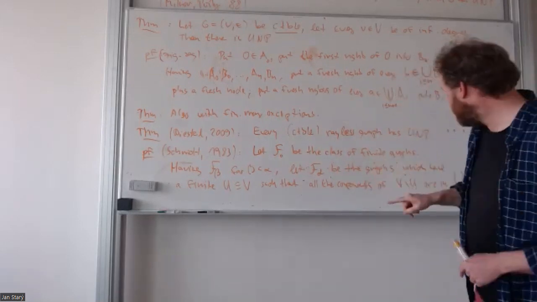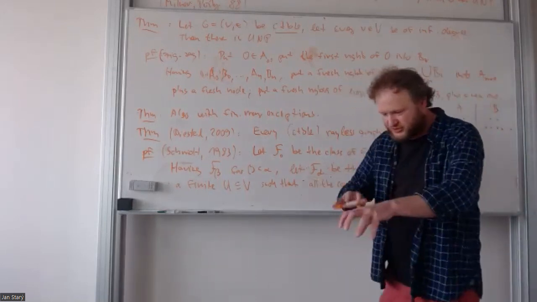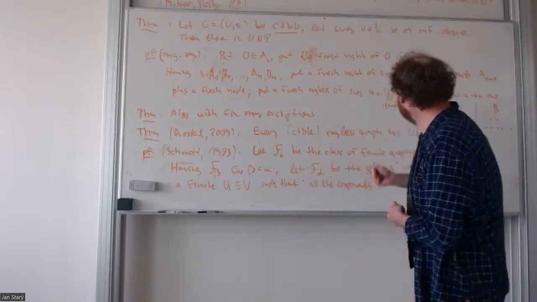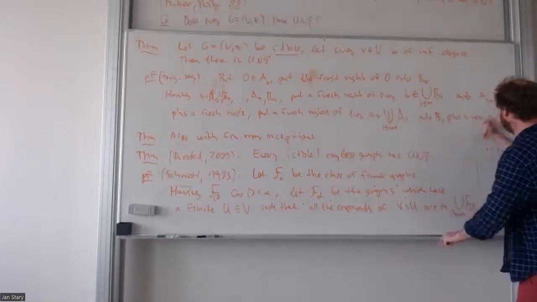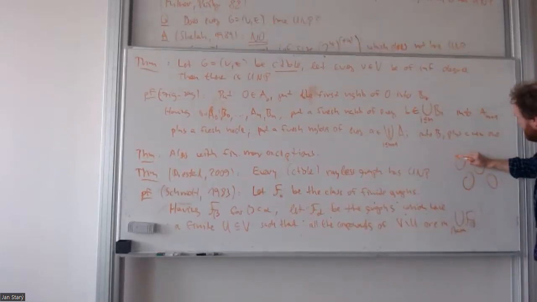Which is to say, the graphs in F alpha are just discrete disjoint sums of simple graphs. Naive example, naive picture again. These are in the previous F betas. So these are my components.